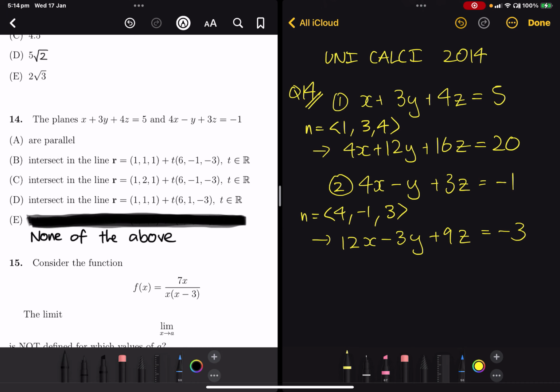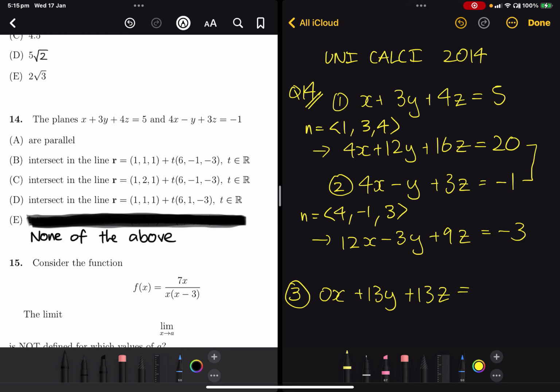Now if we subtract these two equations, we will get our first new equation, which we'll call 3. So 4x minus 4x is 0x. 12y minus minus y is plus 13y. 16z minus 3z is plus 13z.